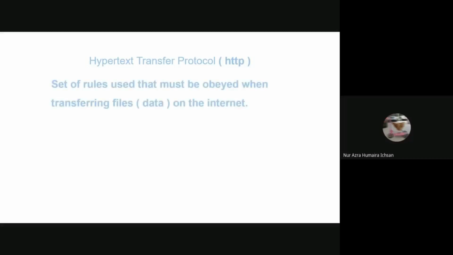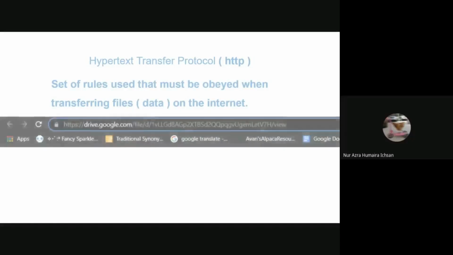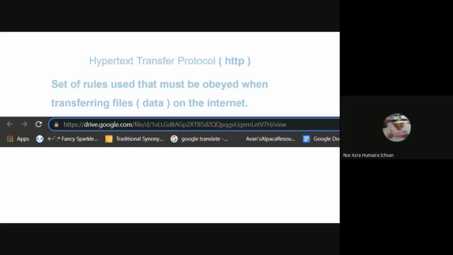Basically, HTTP is the set of rules used to transfer files or data on the internet. So as you can see, when you browse the www, or the World Wide Web, you are using the HTTP protocol, and often you may see HTTPS instead of HTTP. As you can see, this is a screenshot of my address bar.